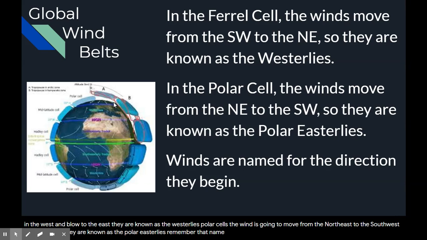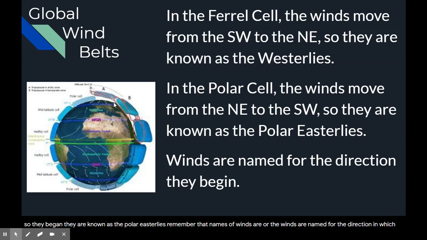Remember that winds are named for the direction in which they begin, so where they start. That's why the polar cells start in the northeast, so we call them easterlies. In the Ferrel cell, they start from the southwest, so we call them the westerlies.